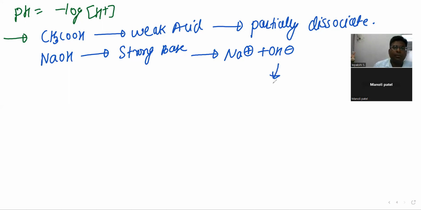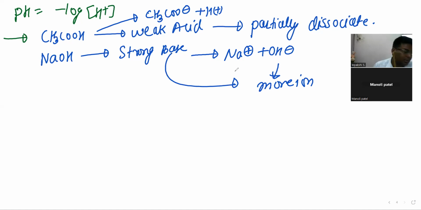Why? Because when the acetic acid dissociates, it gives CH3COO minus plus H plus, so this will be the more ion due to the strong base, right?